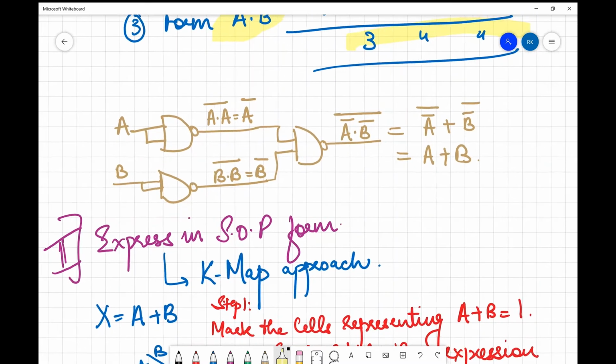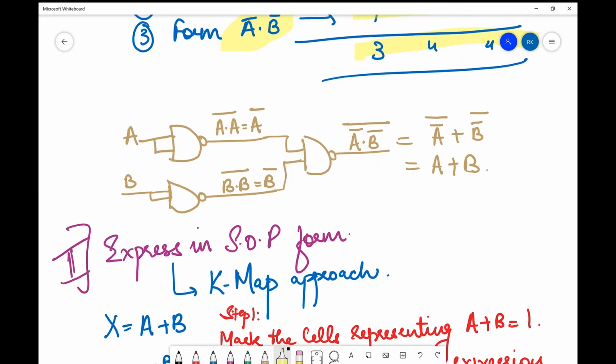Now, here is how you form the circuit. First, provide input A to this NAND gate and provide the same input to the second input of this NAND gate. The expression you'll get is A dot A whole bar, which is equal to A bar, since A dot A is A. Similarly, if you do the same thing with B in another NAND gate, you'll get B bar.